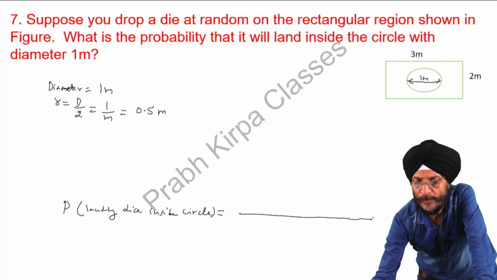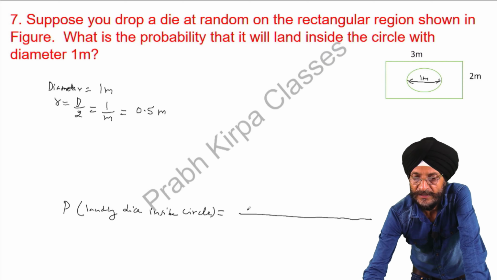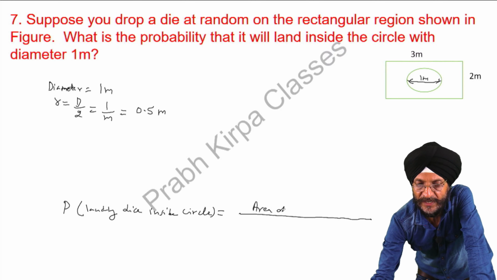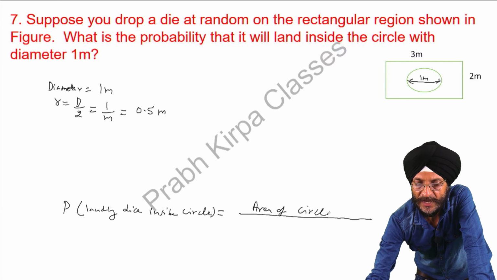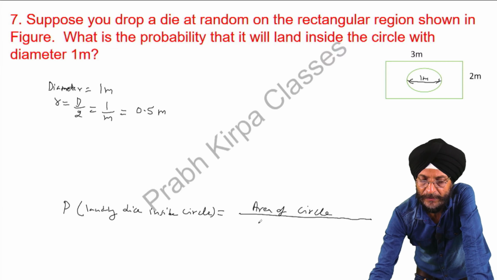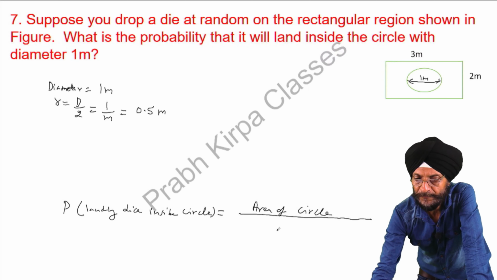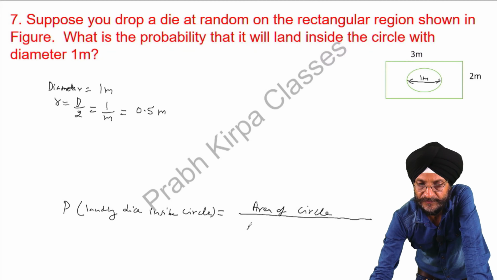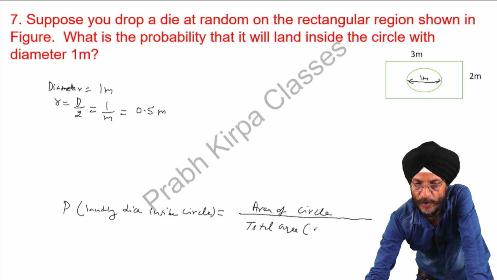How will we calculate it? Here the area of the circle will have to be taken on the upper side. So what will be on the lower side? Total area, that is the area of rectangle.